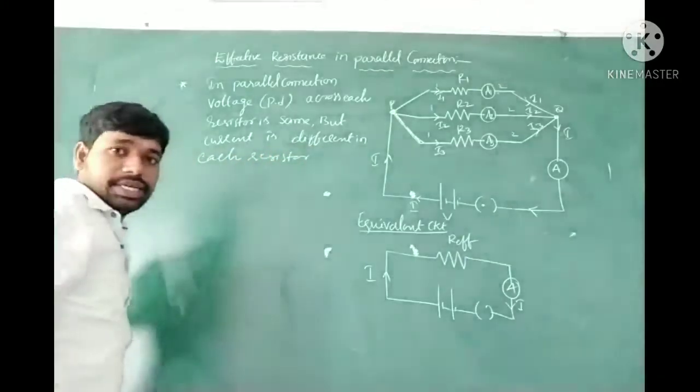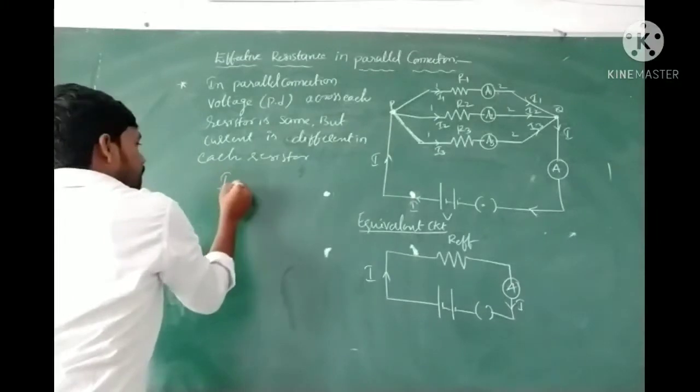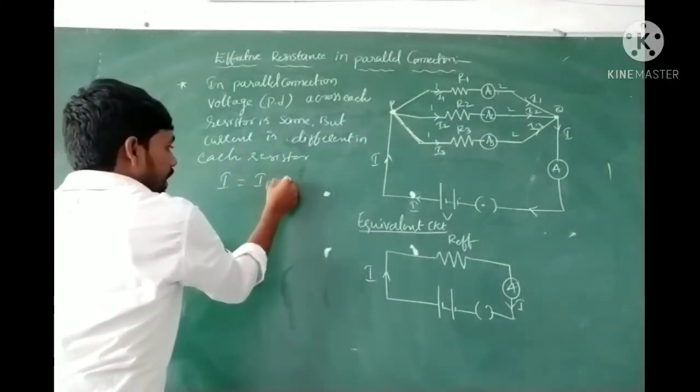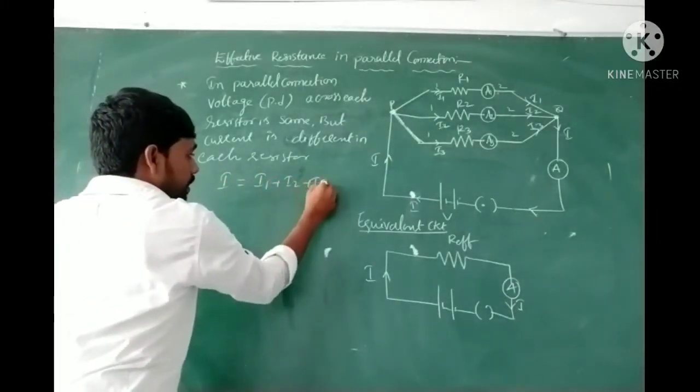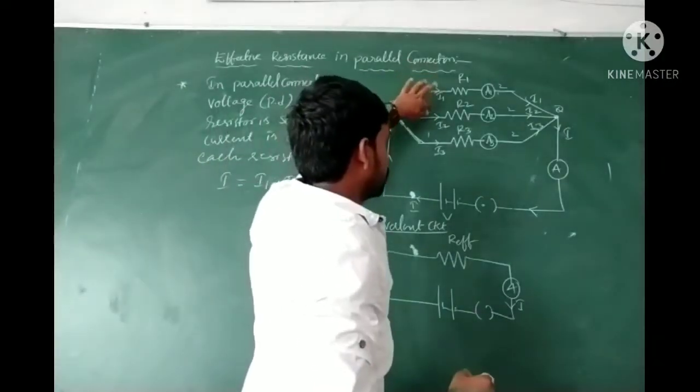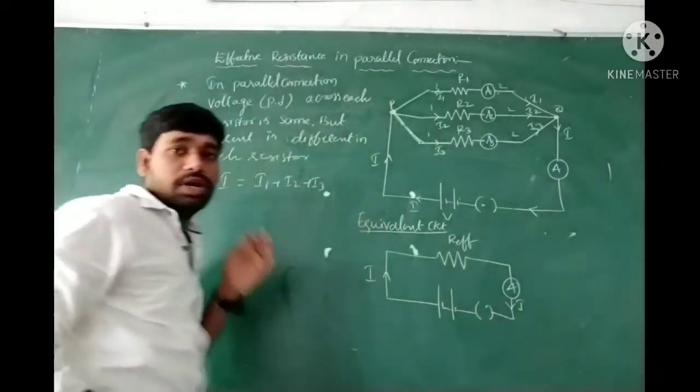How is the current different? The current I is the sum of I1 plus I2 plus I3. This I is divided into three parts.